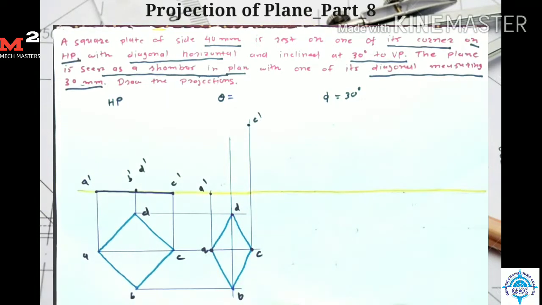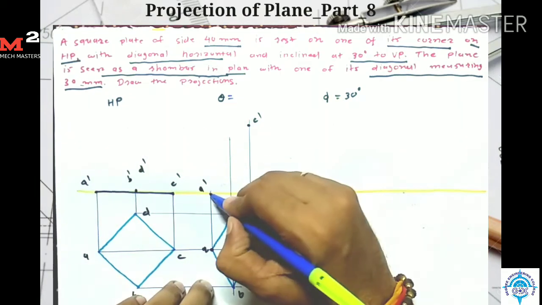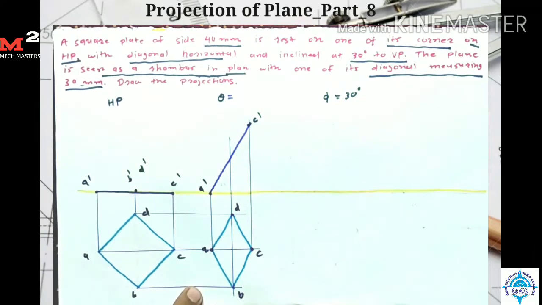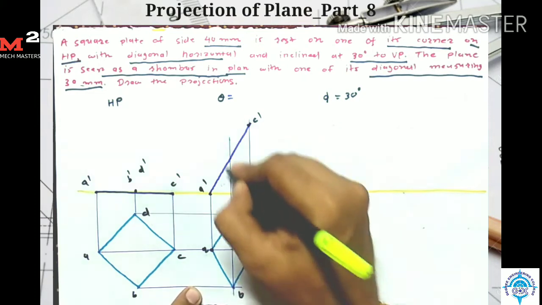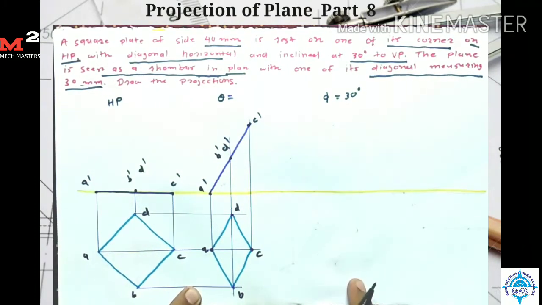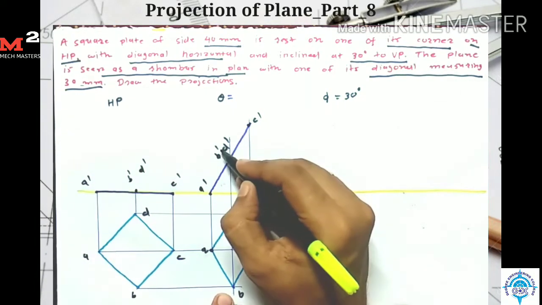Okay, now I simply connect A dash C dash. Okay, so here point B and D I get here. Okay, point B dash and D dash here. Okay, here D dash point is a hidden point.